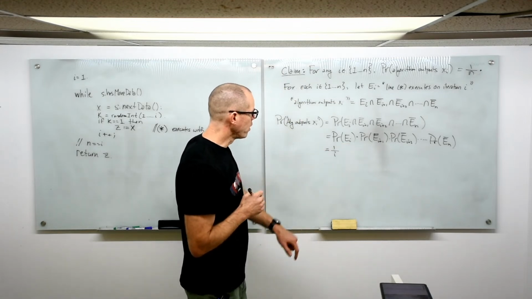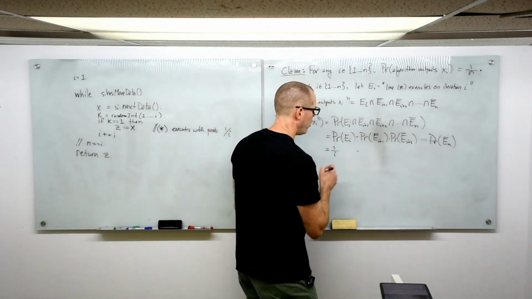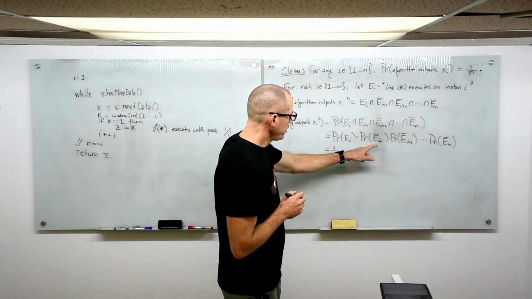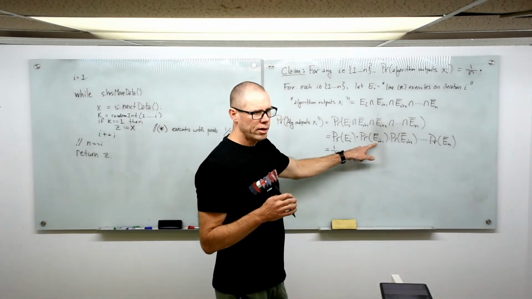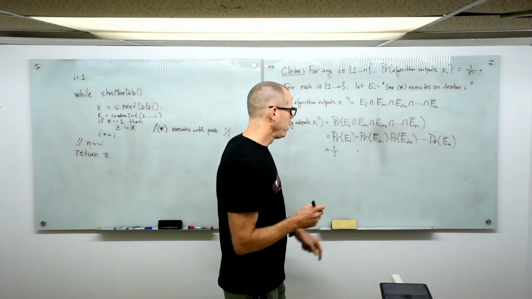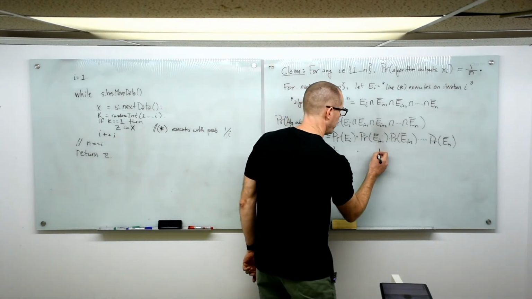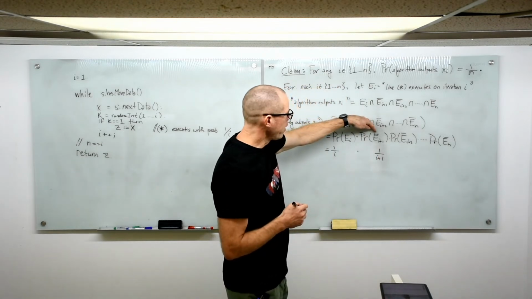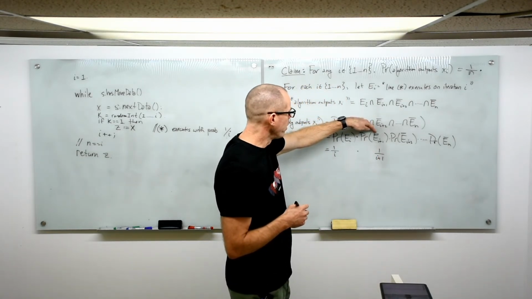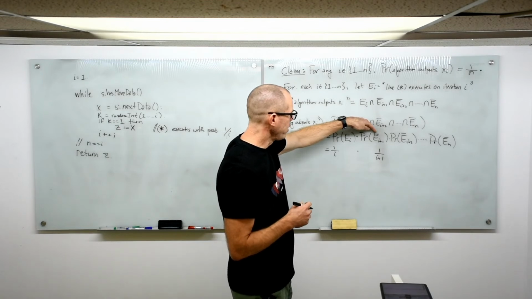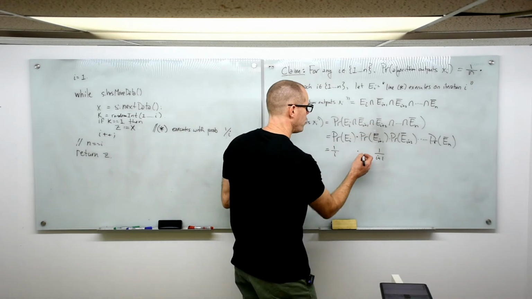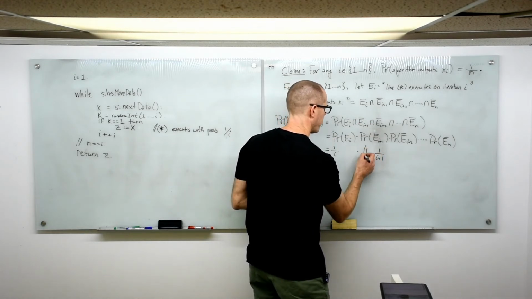That's the first thing here. Now the probability of Ei plus 1 is 1 over i plus 1, but we want the complement, so we get 1 minus that.